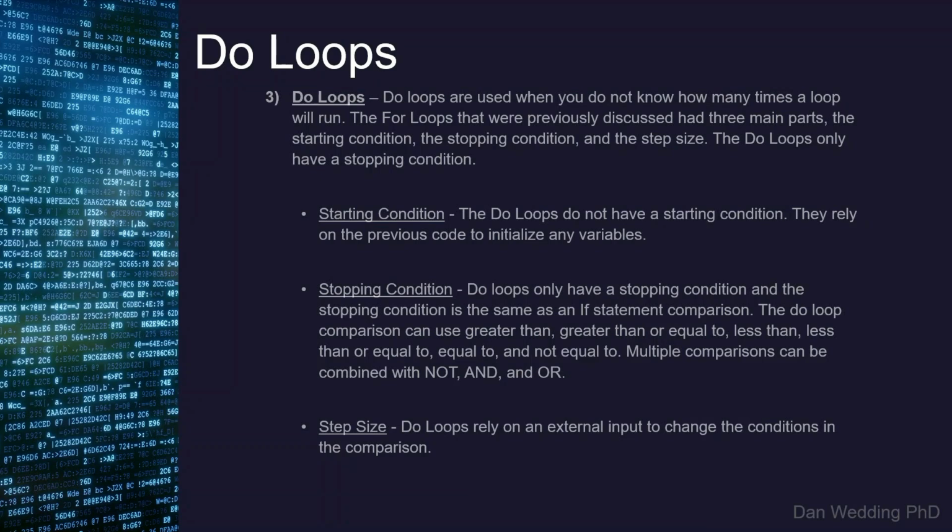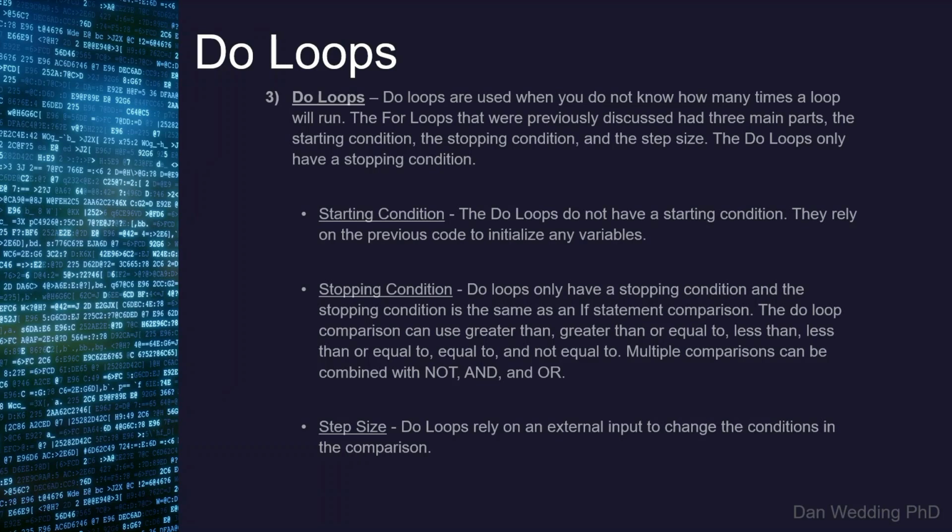The for loops that were previously discussed had three main parts: the starting condition, the stopping condition, and the step size. The do loops only have a stopping condition. The do loops do not have a starting condition. They rely on the previous code to initialize any variables. Do loops only have a stopping condition, and the stopping condition is the same as an if statement comparison.